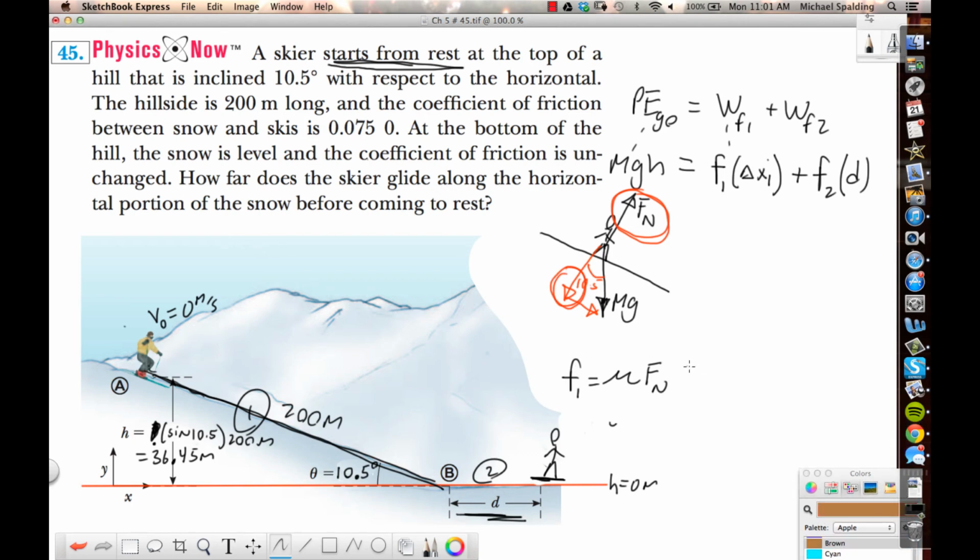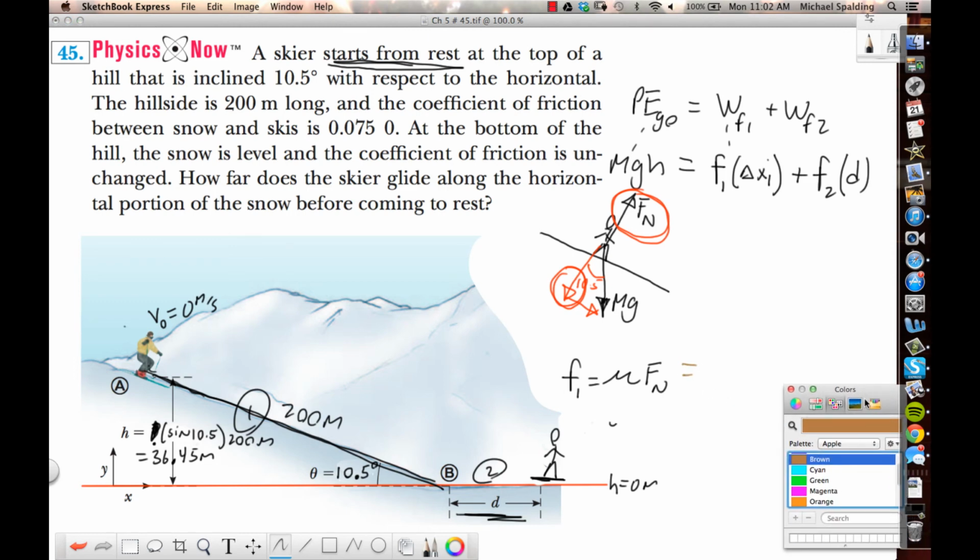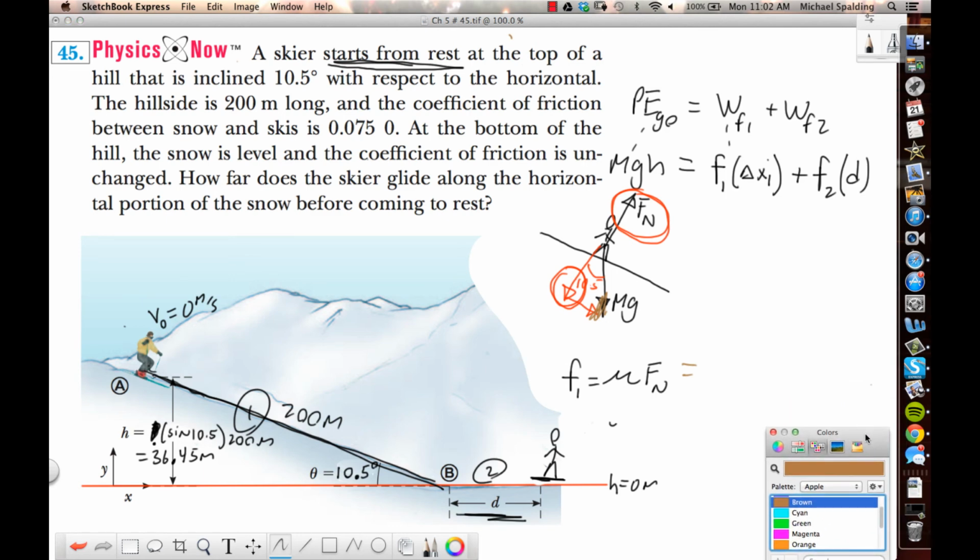So for friction 1, it's going to be mu. Okay, what's the normal force?